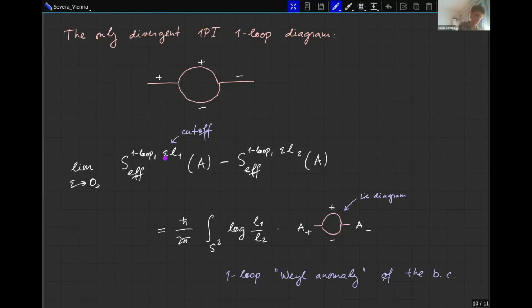So we take epsilon times the thing and take the limit as epsilon goes to 0. We take it with some other cutoff. The outcome will be that it now depends on how precisely we choose those cutoffs. There is a logarithm of the ratio of L1 and L2.